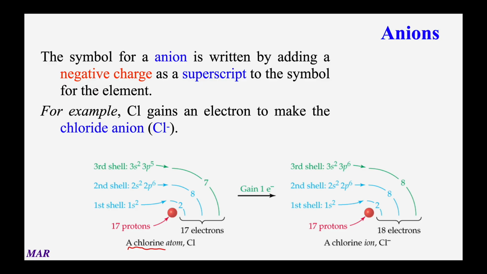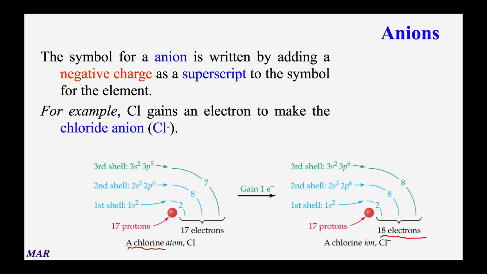However, we're going to see that chlorine likes to gain 1 electron, and when it does, now it has 18 electrons, more electrons than there are protons. So that extra negative 1 electron is going to give that a negative charge.